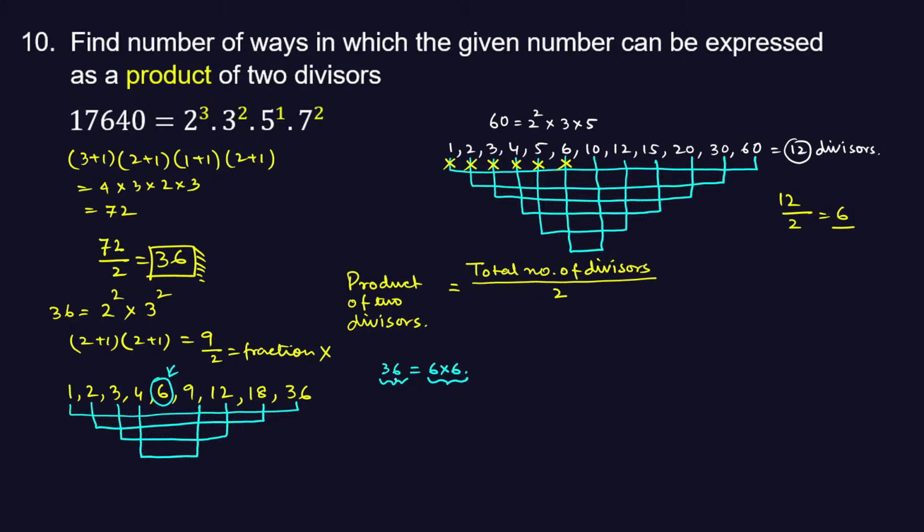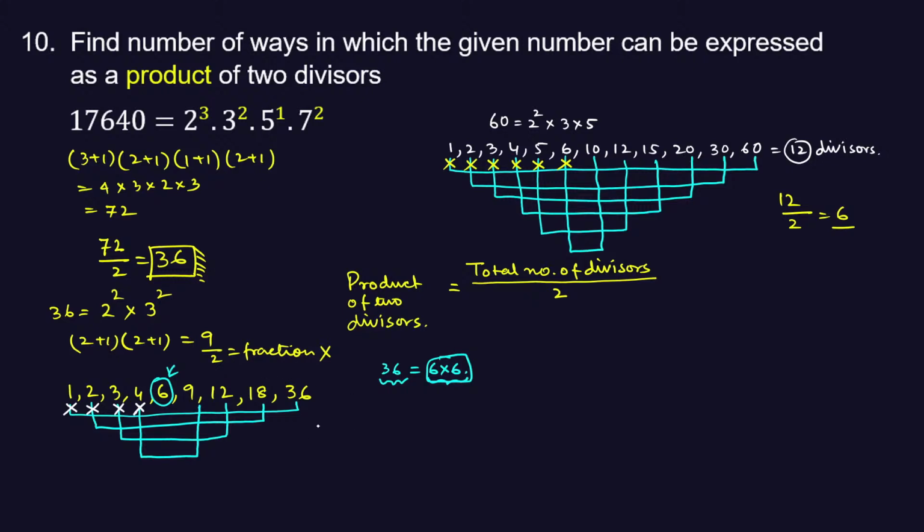But 6 into 6 gives us 36. So we have to consider that part also, which we have not considered. That is why in this case we are getting 1, 2, 3 and 4 such ways of expressing 36 as a product of two divisors. But this 6 is not coming into the picture, though 36 can also be written as 6 into 6. So which must come into our consideration.